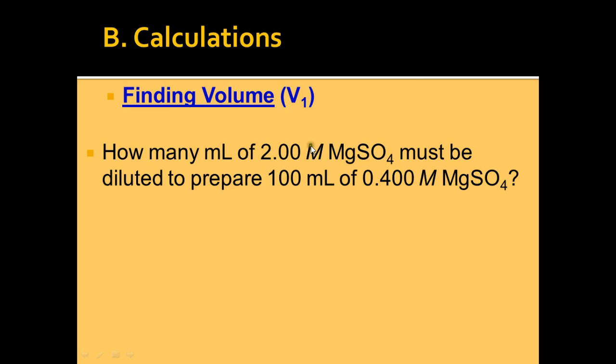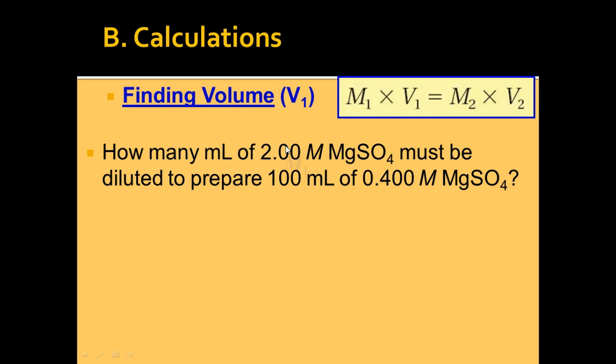This 2 molar is the more concentrated solution, so this is M1 because it's more concentrated. Then these two are grouped together because this is the diluted solution. So this is V2, the volume of the second one, and this is also M2 because it's the more diluted version.